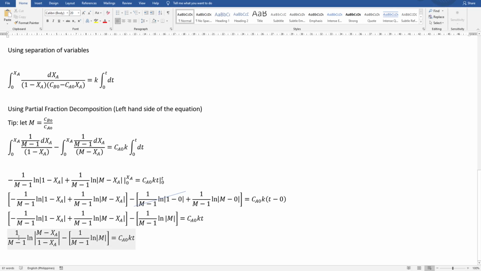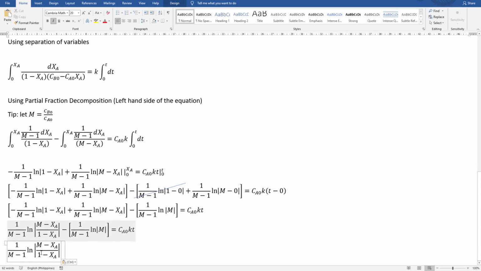And still we could simplify this again, right? Or combine. So combining this, we will be getting this.